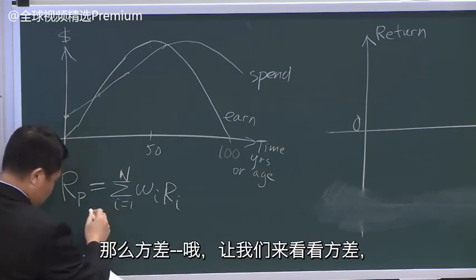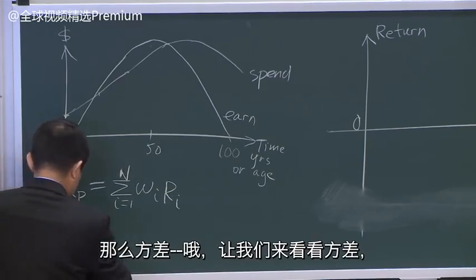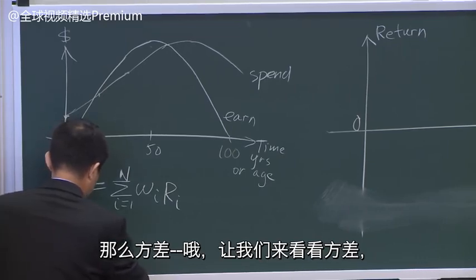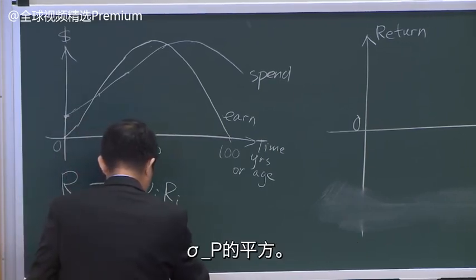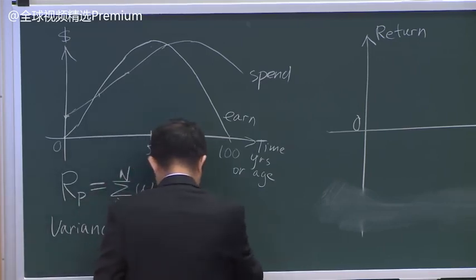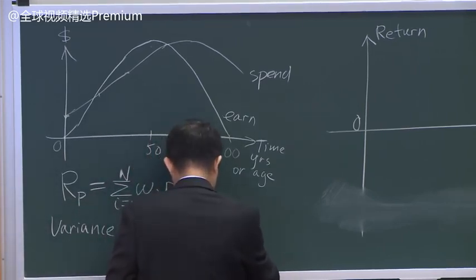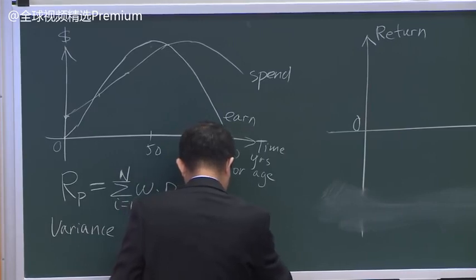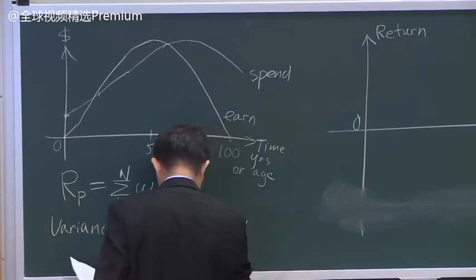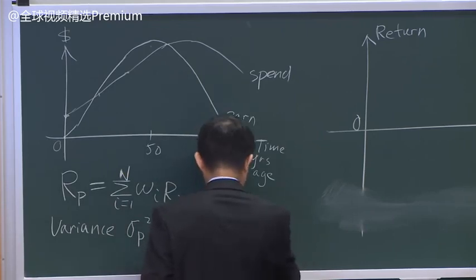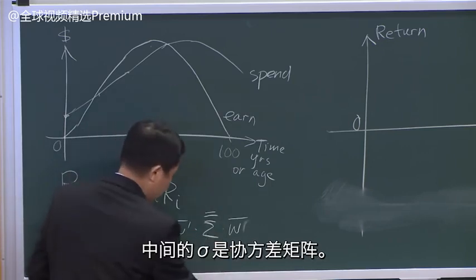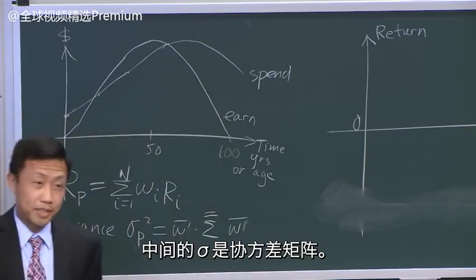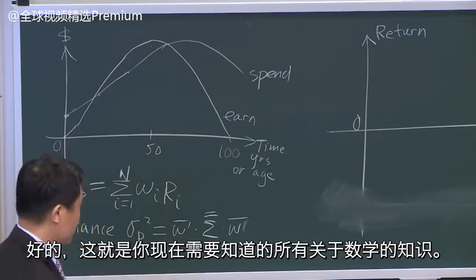Then let's just look at the variance, sigma p squared. These are vectors, this is a matrix. The one in the middle is a covariance matrix. That's all you need to know about the math at this point.